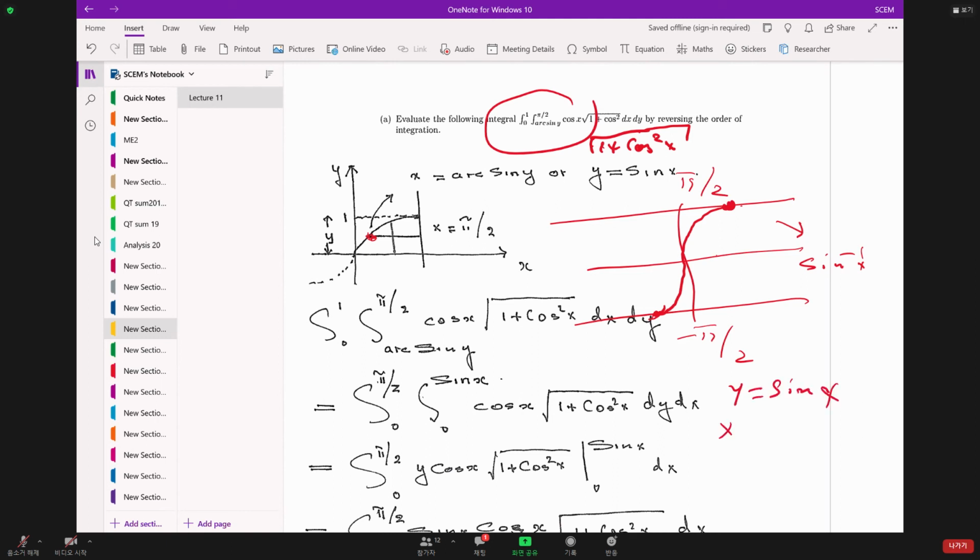So you can write x equals sine inverse y. Because x goes from minus pi by 2 to plus pi by 2, arc sine 1 is pi by 2. That refers to x equal to pi by 2. So you're integrating from this point to that point.